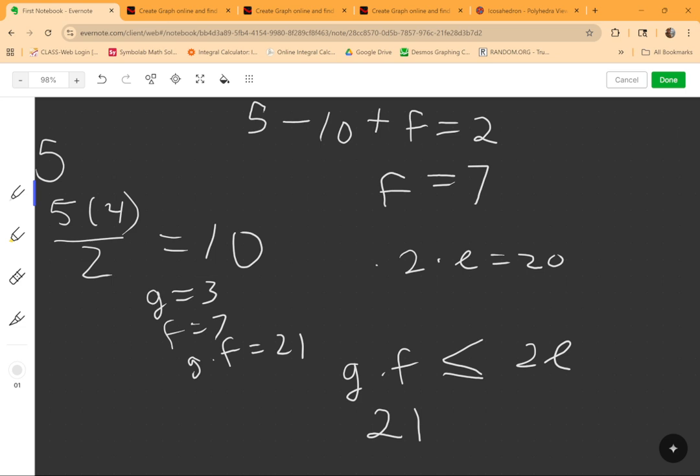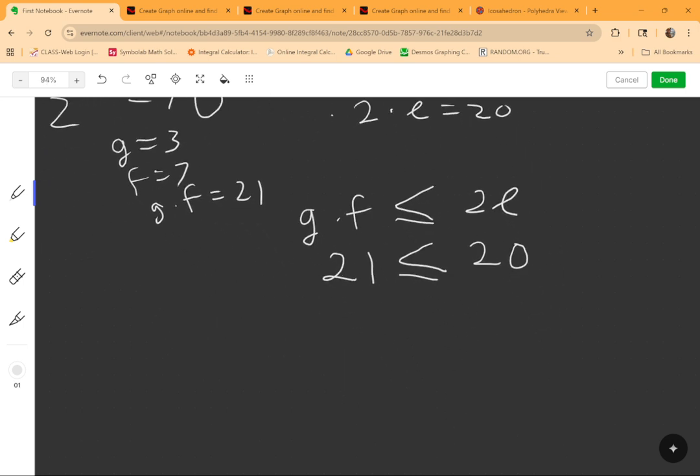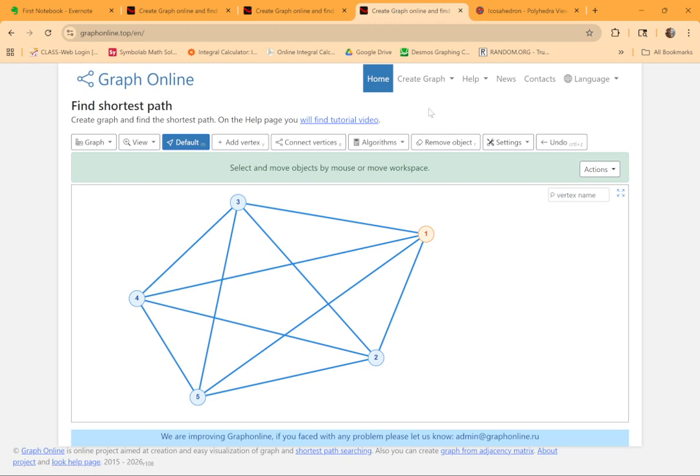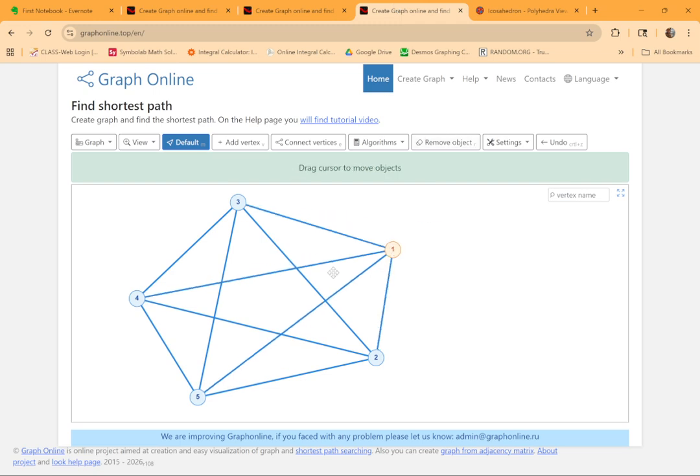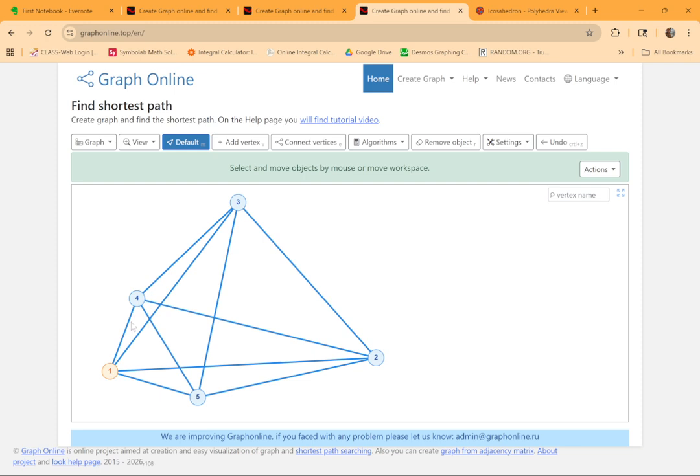G times F is 21, and that is indeed not less than or equal to 20. So this being not true, what that tells me is that K5 is not planar. So indeed, I can confirm, from what I was previously doing in trying to configure the vertices in a proper manner, that I cannot do that so that none of the edges are crossing.